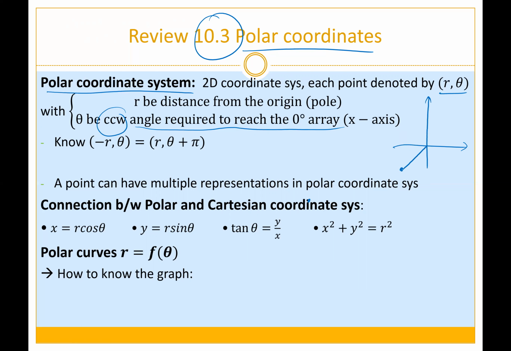Negative r is here with an angle theta. So this is angle theta, and this is negative r. This is going to be the exact same thing as having the radius r but with the angle of theta plus pi. So if you draw negative r, it will give you the exact same thing.